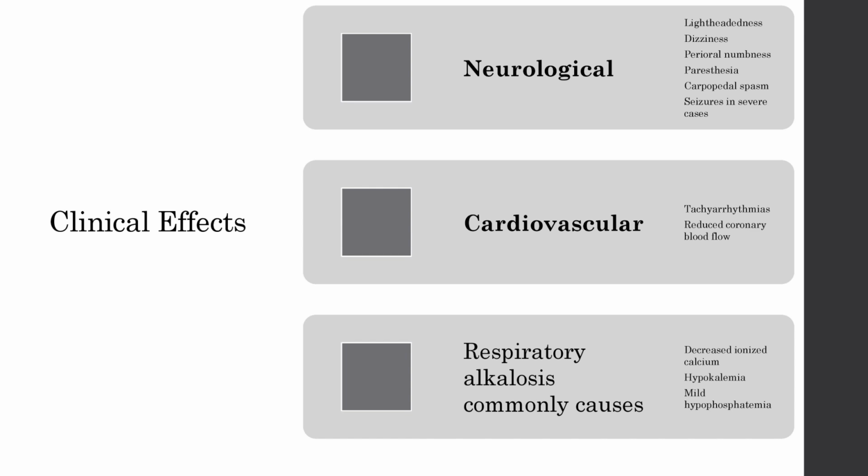Respiratory alkalosis commonly causes decreased ionized calcium, intracellular potassium shift causing hypokalemia, and mild hypophosphatemia. Patients may become symptomatic despite a normal total serum calcium because ionized calcium decreases.